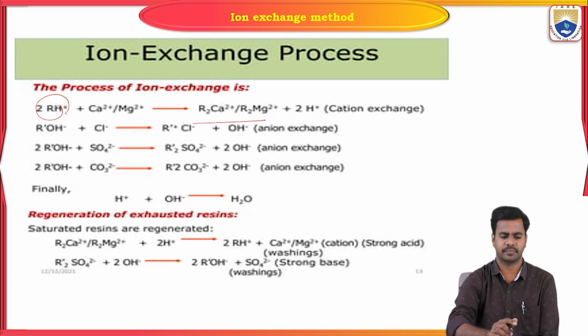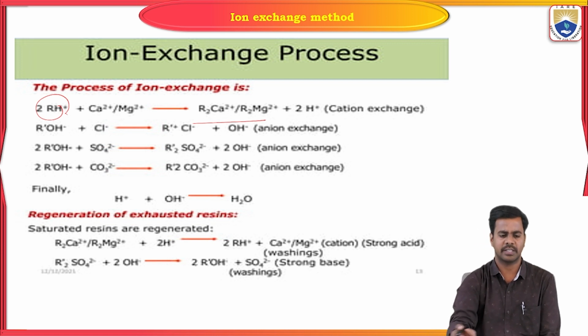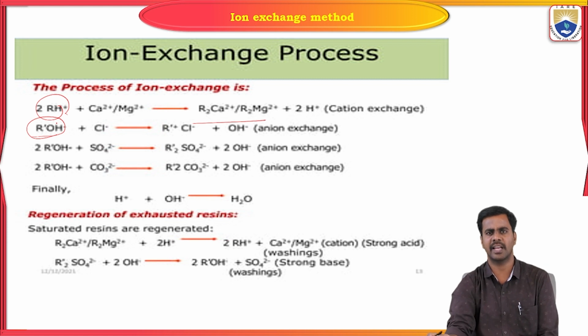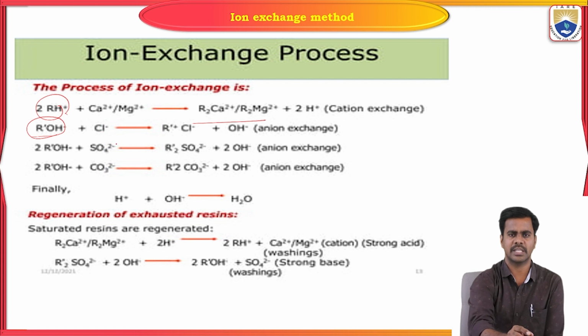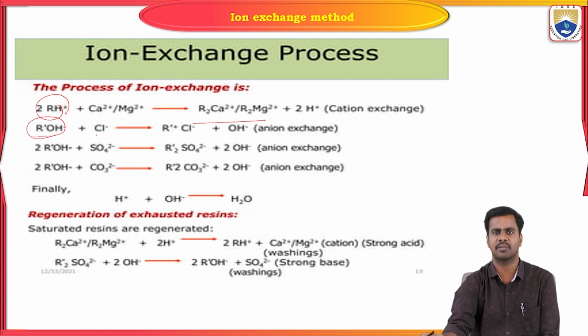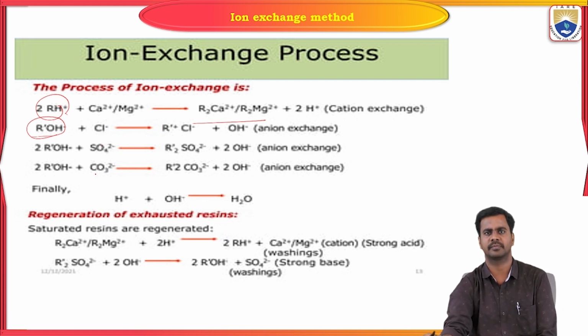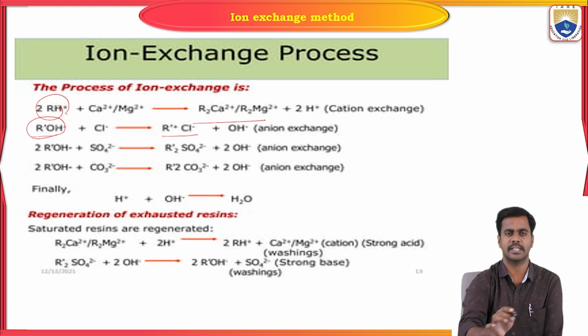So look at here, we can see how anionic resin can remove the anions present in the hot water. So ROH, this is the anionic resin. When you are passing water which contains anions only, what are the anions present in the hot water? Cl minus, SO4 minus 2, CO3 minus 2. So R2Cl. The Cl minus ions are replaced by the OH present in the anionic resin.